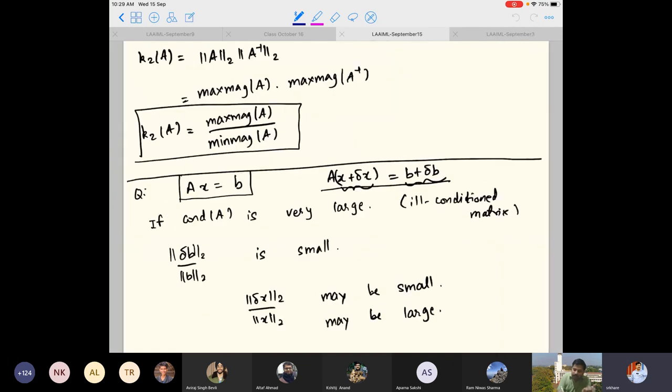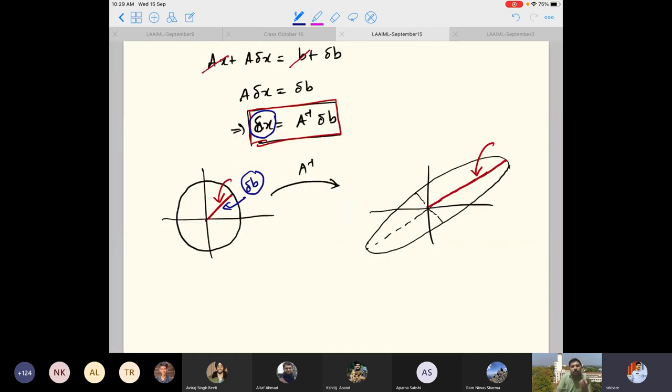And that delta x you are actually adding to x, right? In order to get the perturbed solution, you are adding that delta x to x. So the direction in which delta B has this perturbation is where maximum magnification is going to occur. If delta B is given in that direction, then you have a very bad effect on x.